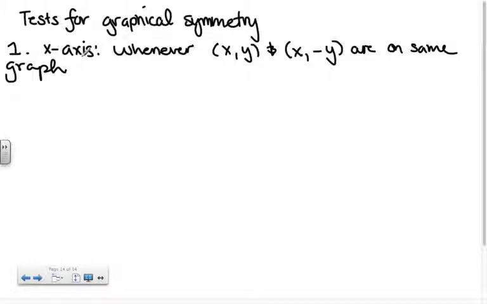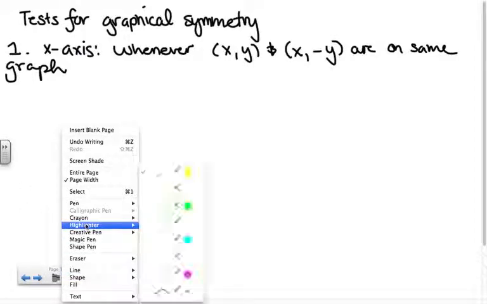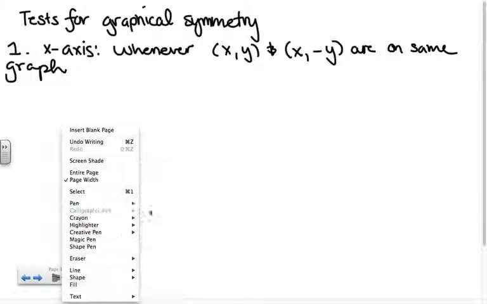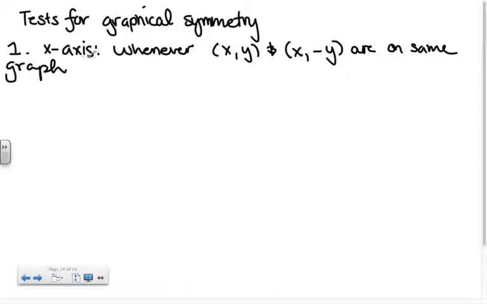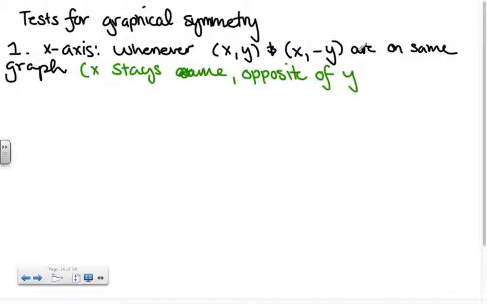Okay, so whenever x stays the same and you have the opposite of y on the graph, this is x-axis symmetry. I'm going to put that in green color: x stays the same, opposite of y. Okay.